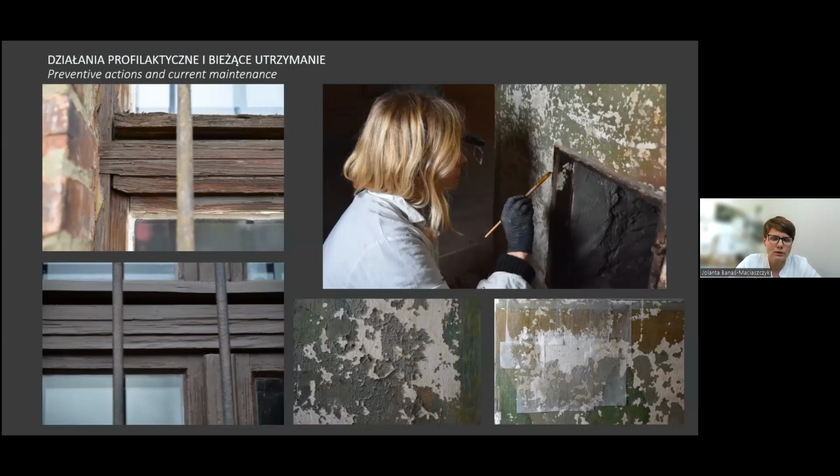On the left-hand side, you see conservation works concerning window woodwork and the condition before the conservation and after the conservation presented below, whereas on the right-hand side of the slide, you see the photographs documenting conservation works concerning painting layers in the cellars of block number 18, which were preserved in a very poor condition, which you can see in the photograph in the middle, and therefore they require urgent protection.